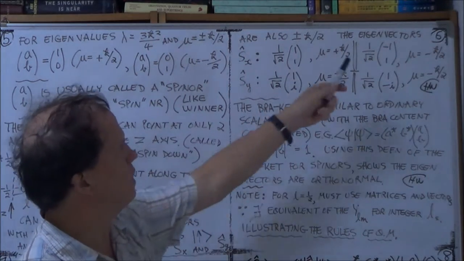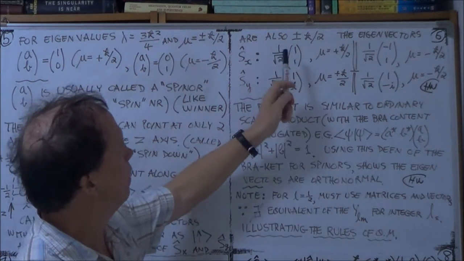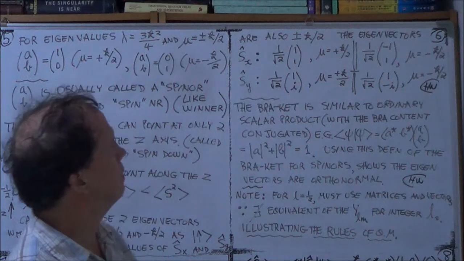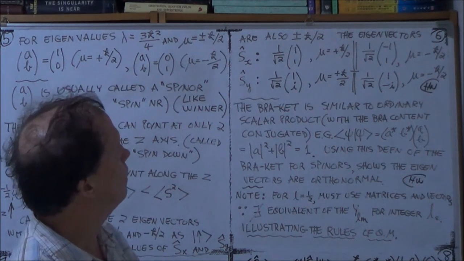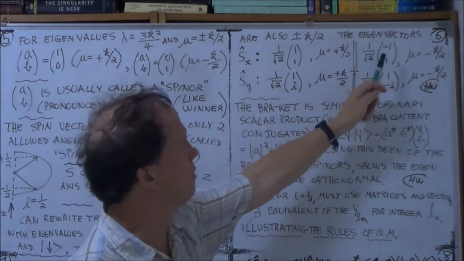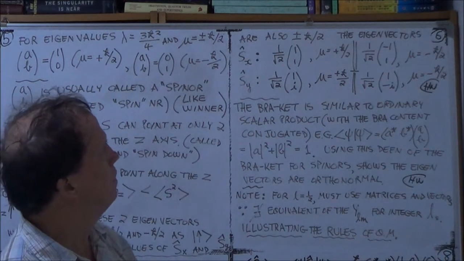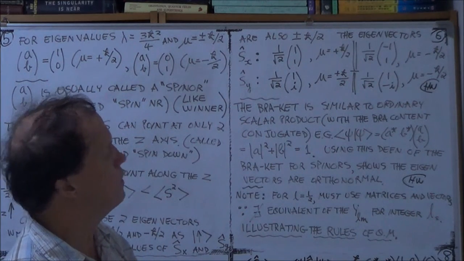You probably see it just by inspection. If you multiply that by that, you'll get 0. Does that make sense? If you take the bra of that and the ket of that, it'll come out to be 0.